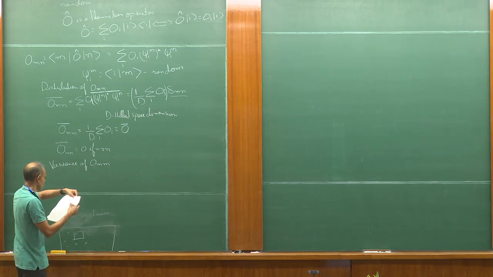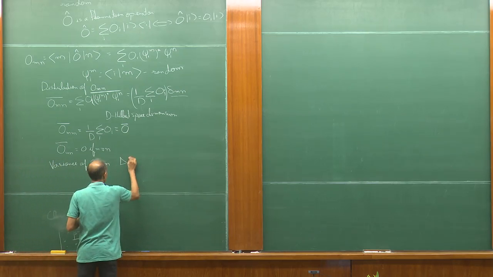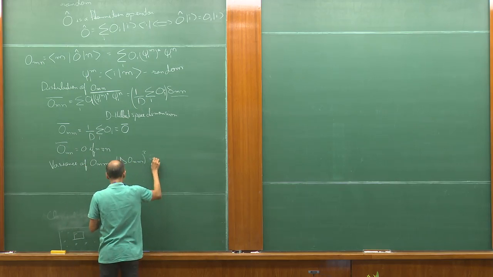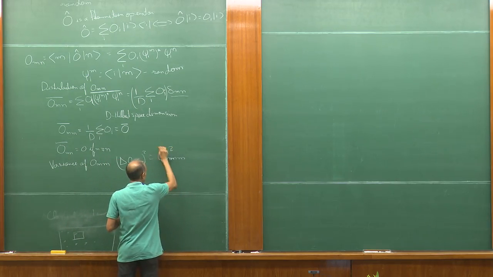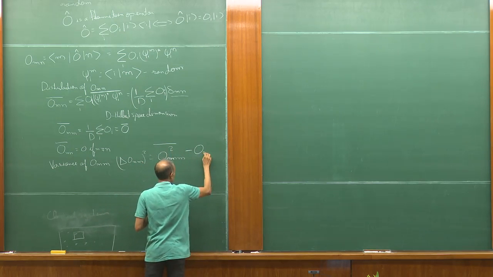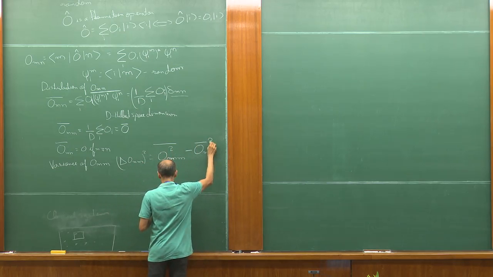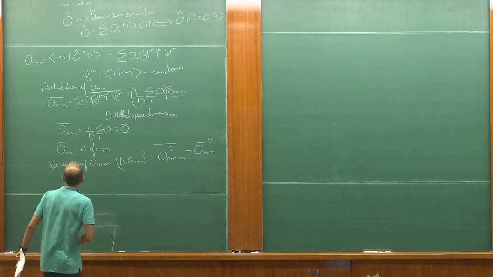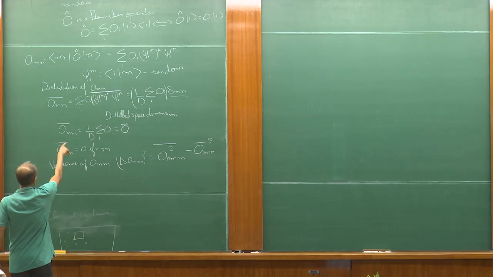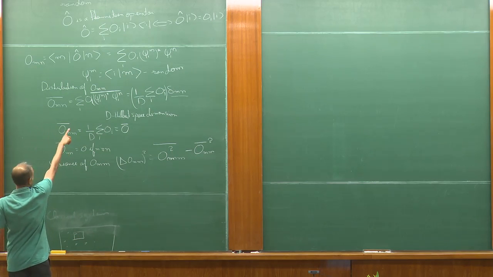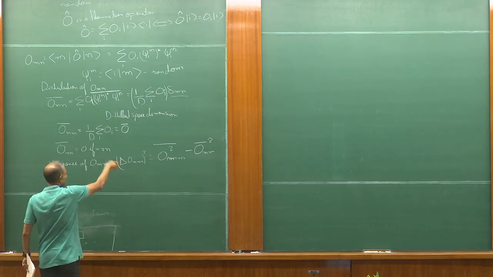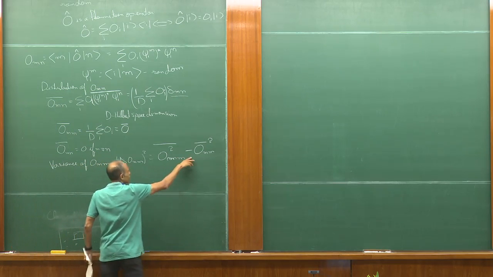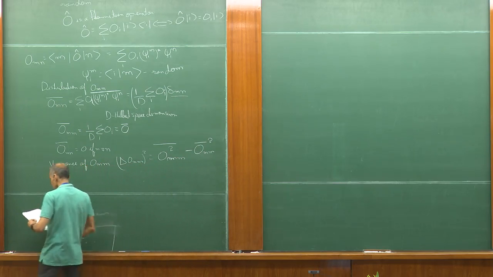Let me call this delta O_MM squared. From the usual definition of the variance, this is going to be the average of O_MM squared minus the square of the average of O_MM. I know the expression for O_MN, so I just substitute m equal to n. That gives me the expression for O_MM, and then I can square it, take the average, and subtract the square of the average from it, the usual thing.